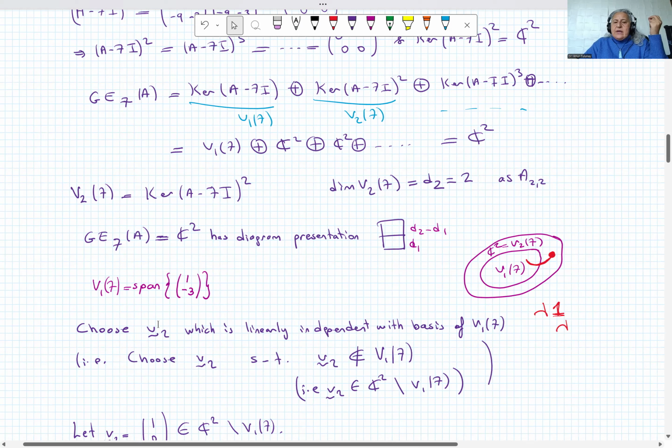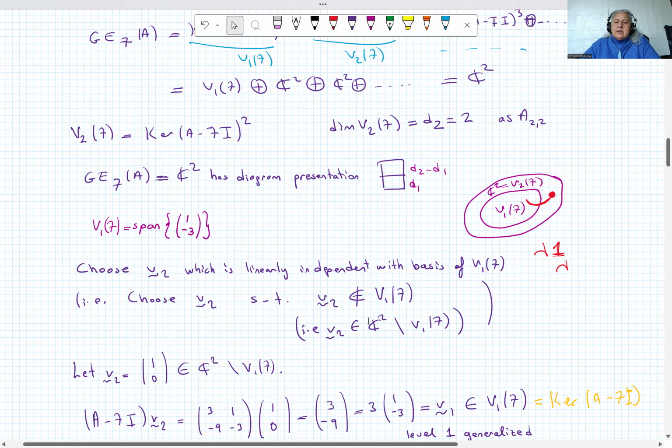So if we choose a V2 which is linearly independent of the basis of V1, it means that we are choosing a vector here, not here. So mathematically, we say choose V2 such that V2 is not in V1, but in C2.